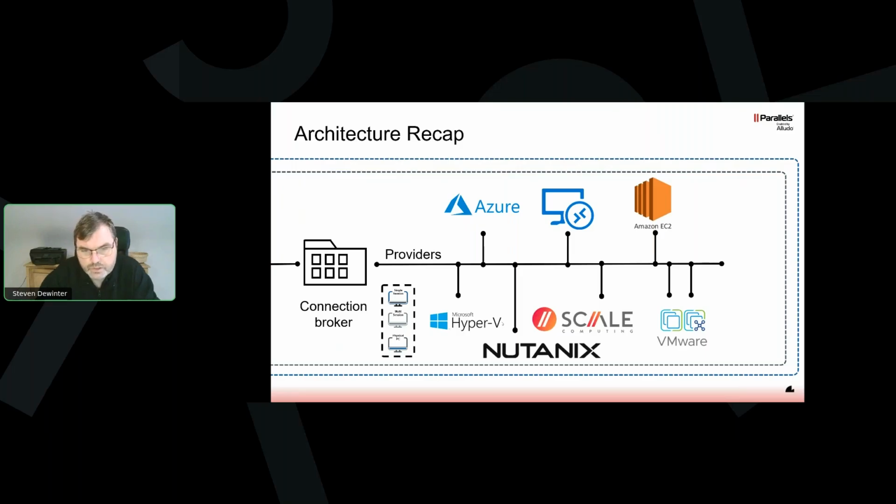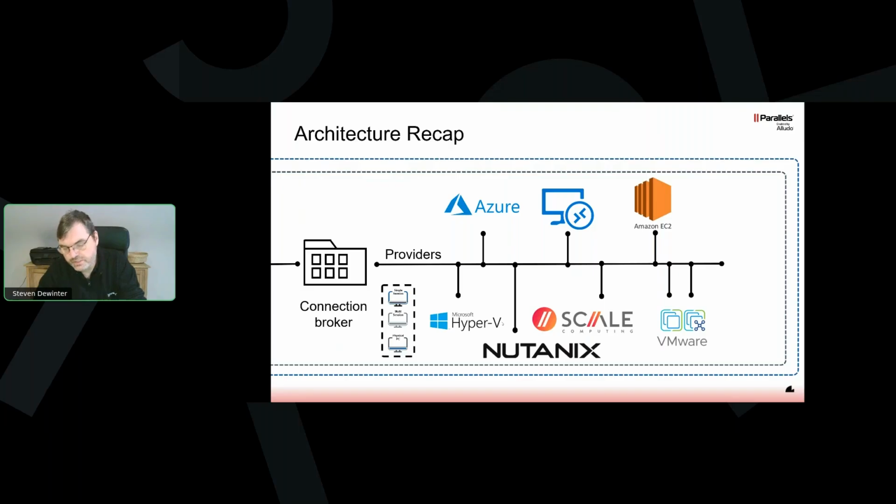So if you're running in your own data center, you can integrate into these platforms and do things like auto scaling and power management. If you're using cloud deployments, we have the same functionality for Azure, Amazon EC2, and also for Azure Virtual Desktop. So if you're using any of these platforms, Parallels Remote Application Server can also automate and scale out your environment.